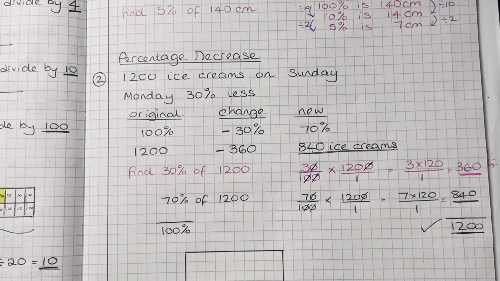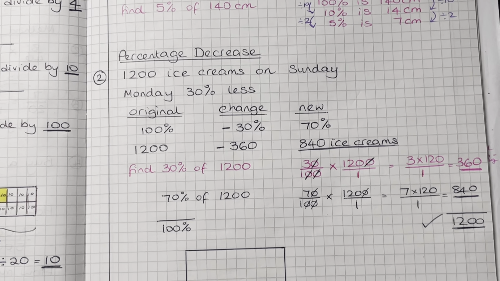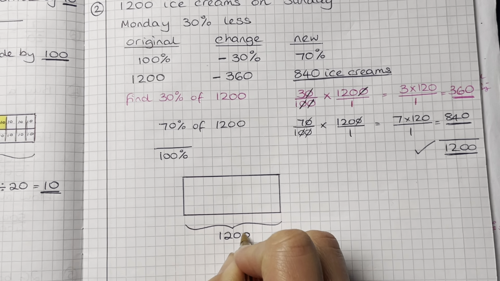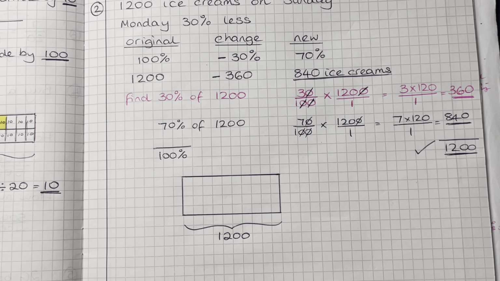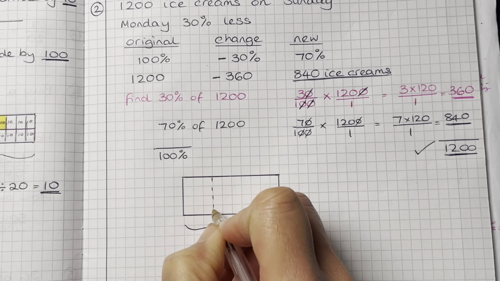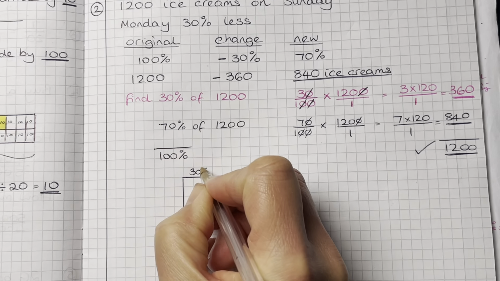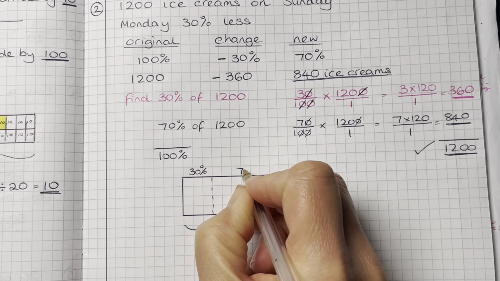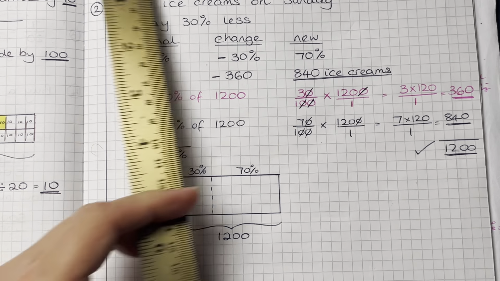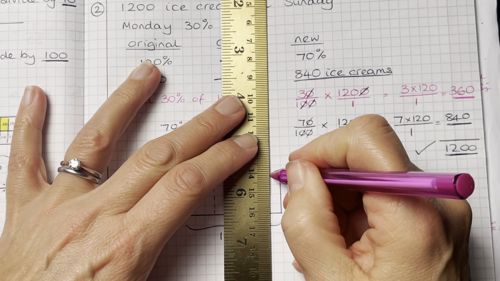All right, so all of the ice creams that I sold on the Sunday are 1200 and I want 30%. I know that 30% is my reduction and 70% is how many I'm therefore going to sell on Monday. So I can split this up into 10.